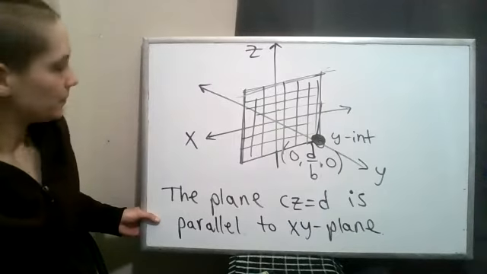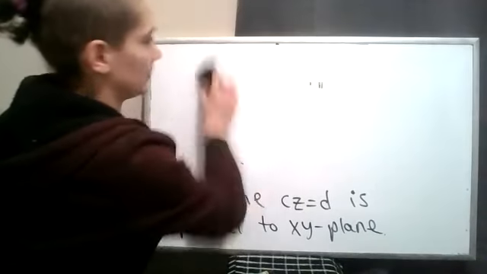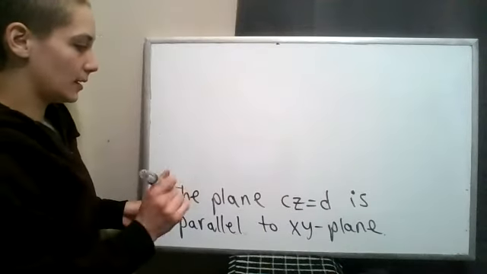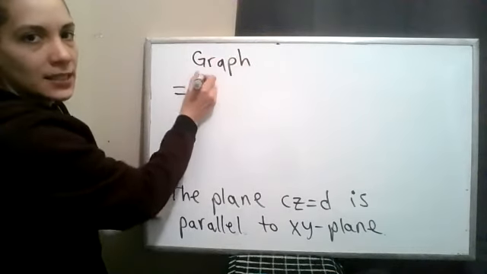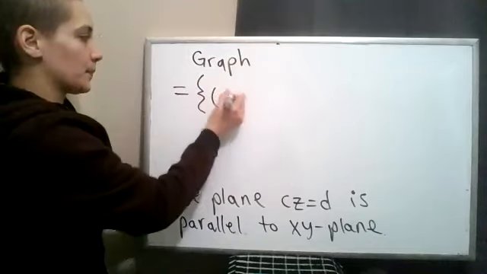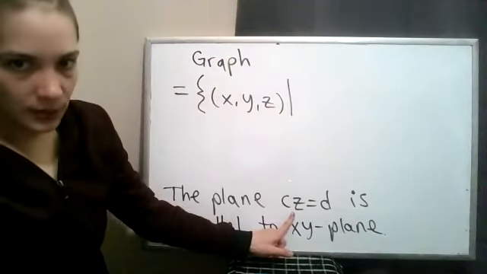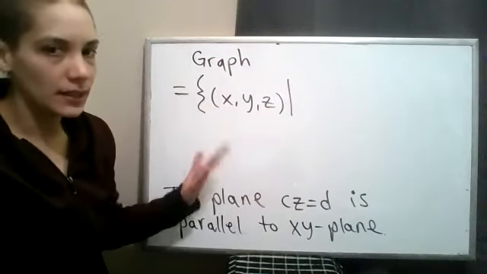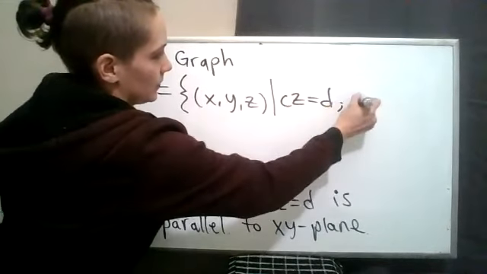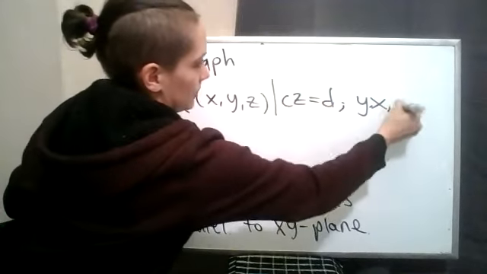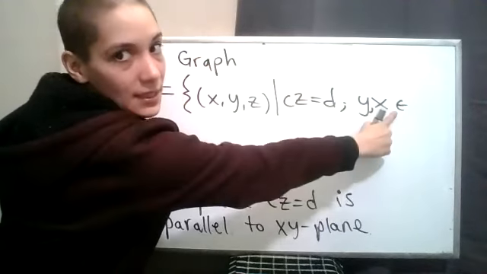Let's look at the graph. Okay, the graph is a set. It's a set of all points x, y, z such that cz equals d, y and x are any real number. Y, comma, x then exists in the real numbers.